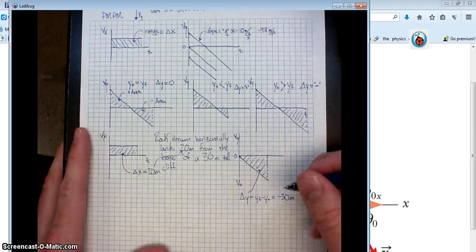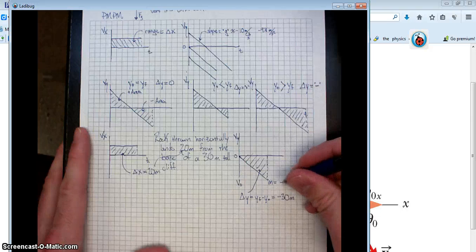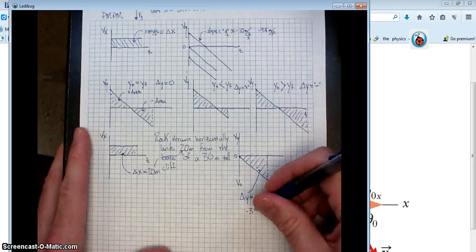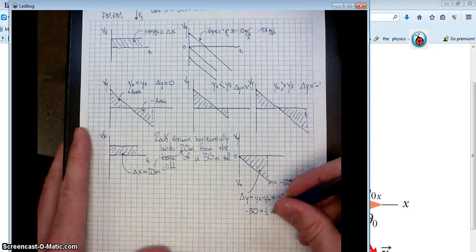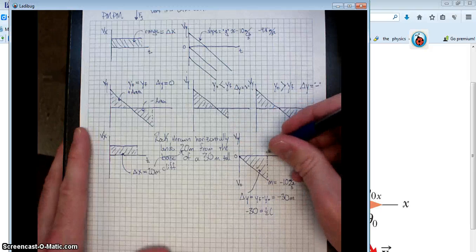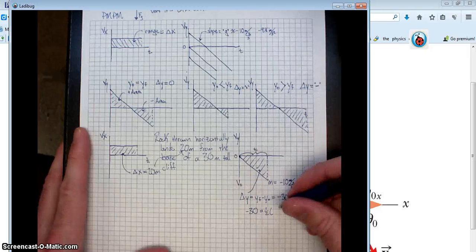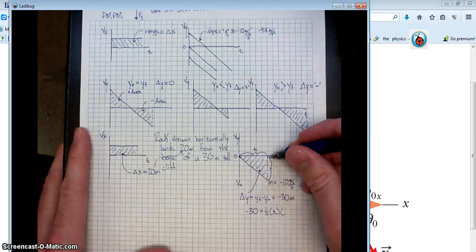So that's the area. Now the other important thing that I'm going to know is the slope of this line. Again, we can just use negative 10 meters per second squared here. Okay, I know the area is negative 30, that's going to be equal to 1/2 base times height. The base over here, we can just call that t, and then the height of this thing, whatever t is, this is going to be -10 times that.